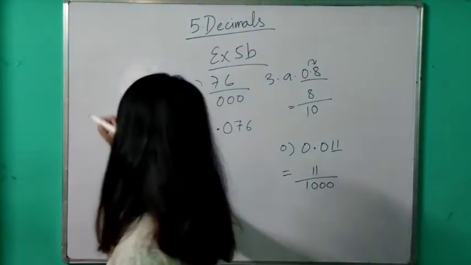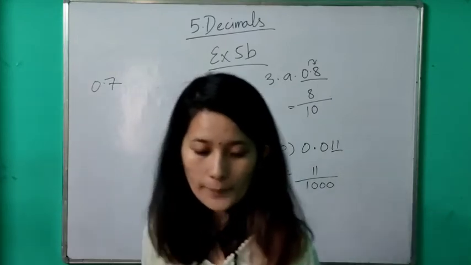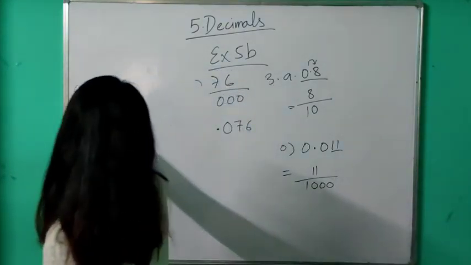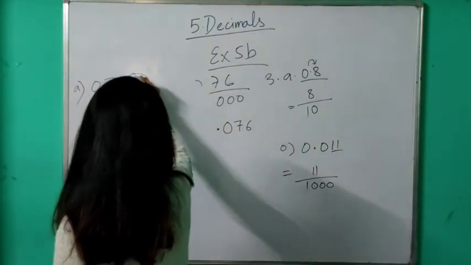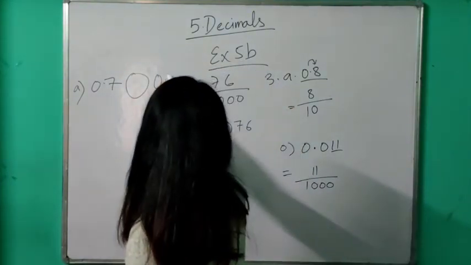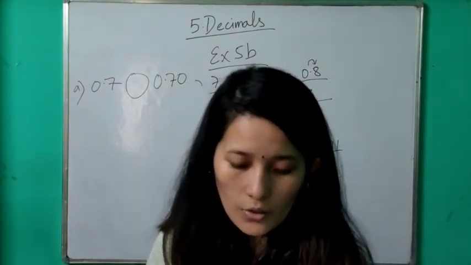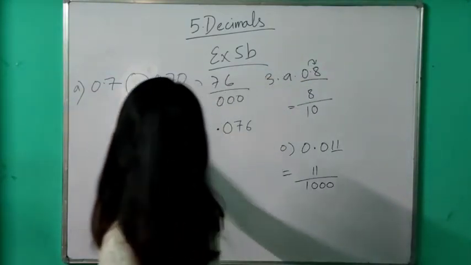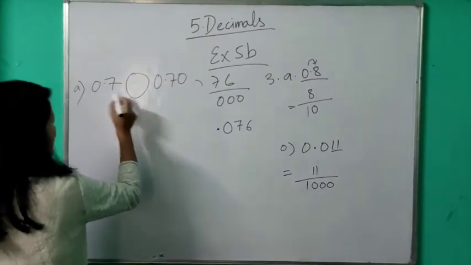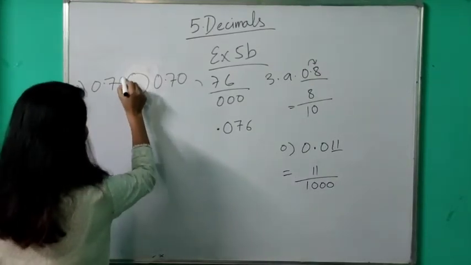So let's do question number 1 itself. The question is 0.7 and here you are given 0.70. Okay, if you compare the decimals, an unlike decimal is given, so let's make it a like decimal by placing 0 here.